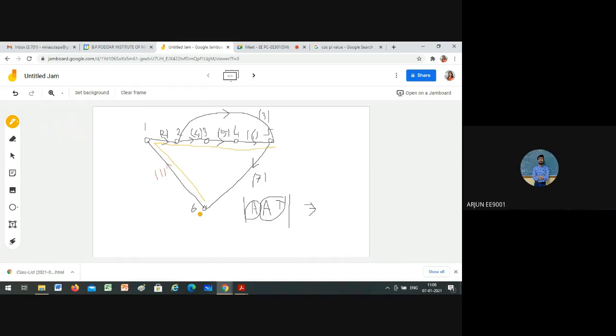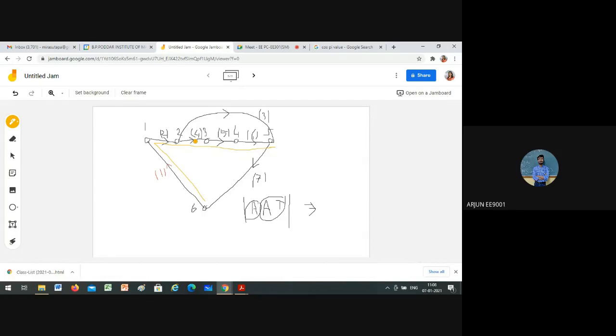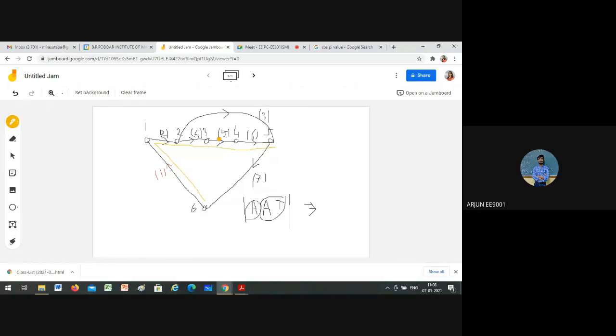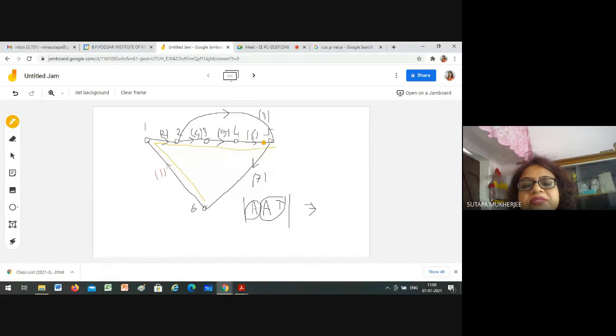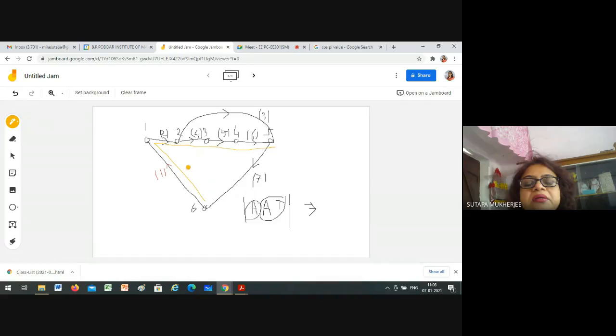Yes, ma'am. It doesn't contain any loop, so it's a tree. Which are the branches here? 1, 2, 4, 5 and 6. This is a particular tree.